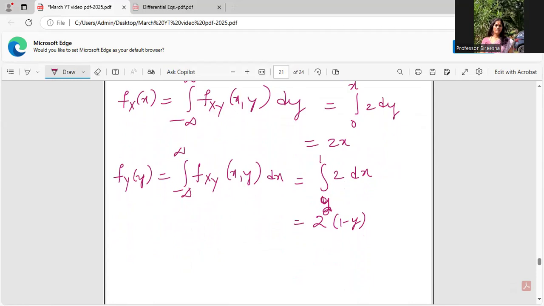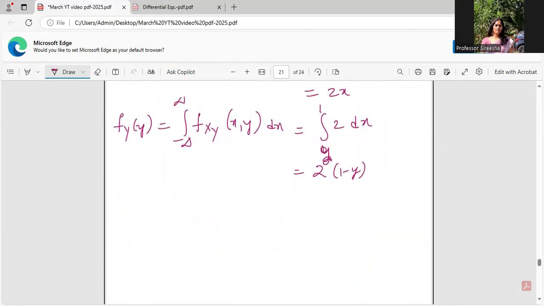Conditional probability I will see later. Now coming to the functional independence. Actually, it is stochastic independence only. How will I calculate this? f x of x into g y of y. There I was checking. Here I'm just using the notation f y of y, anything is fine.